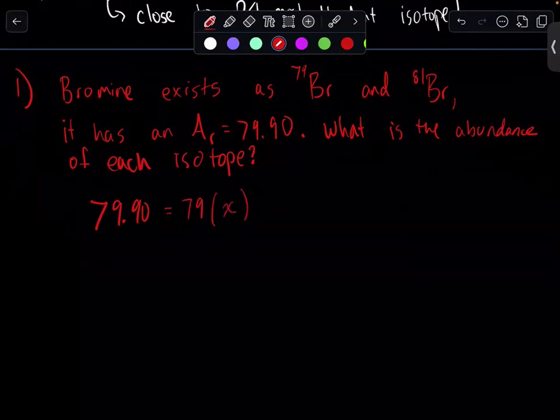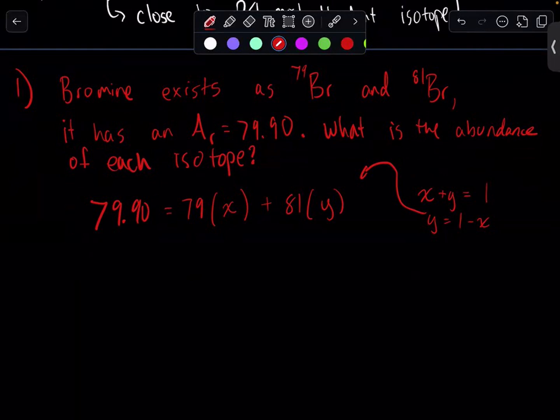Now, I don't know what that is, so I'm using X. I'm going to add that to my other isotope, 81, but then I'd have to have a different percent, Y. I know that my percentages, X plus Y, equal 1, because once again, I'm going to be using decimals. Therefore, y is equal to 1 minus x. So I'm solving basically a systems of equations. You do need to know some pretty basic algebra to get through this.